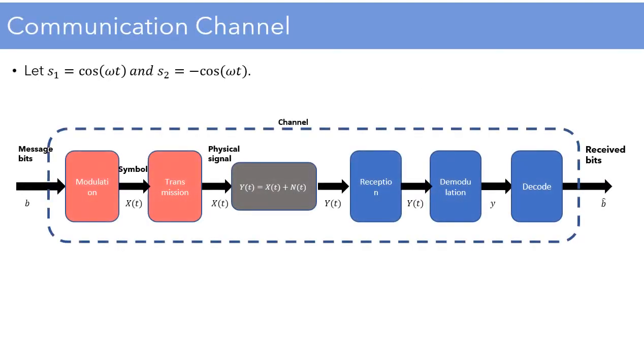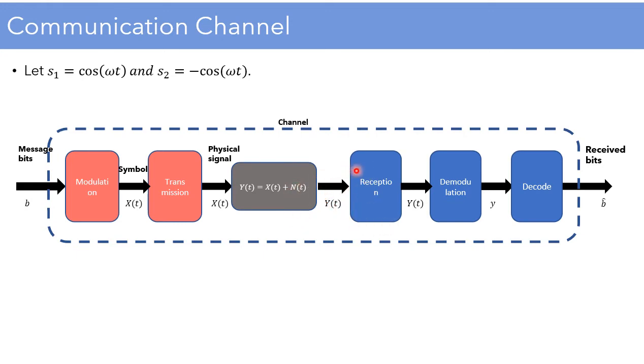So let us talk about this example where S1 and S2 are cos omega t and minus cos omega t. You have message bits. When you modulate, you get a symbol which is either cos omega t or minus cos omega t. Then you use an antenna to transmit this signal. It's an EM wave, and then there is an AWGN channel which adds some noise at the reception.